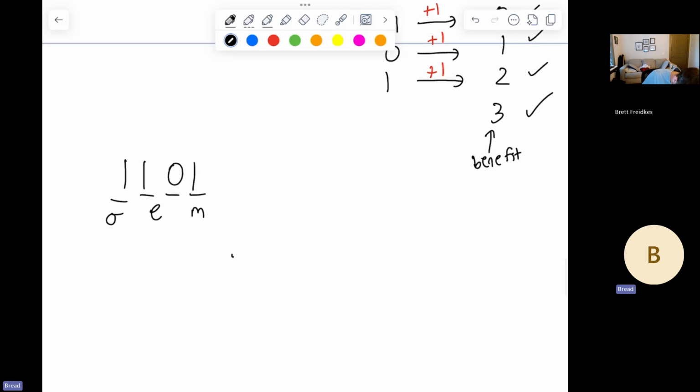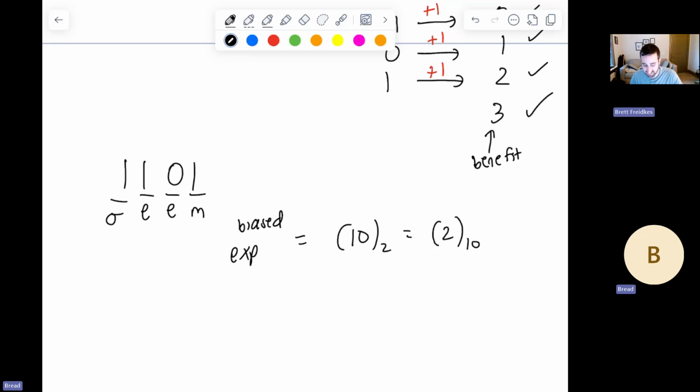So the exponent at the moment, and this is the biased exponent because this is the biased system, this is 1, 0. If we convert that to base 10, this is 2 in base 10. The biased exponent is the unbiased plus the bias, which in this case was 1.